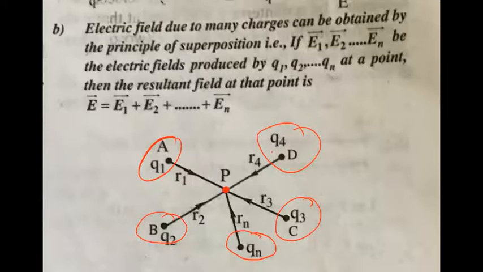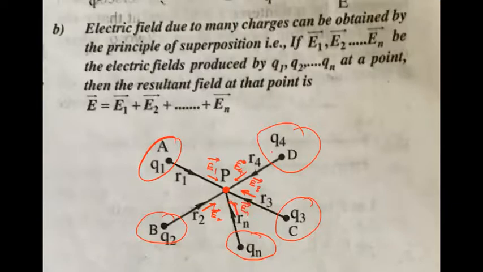Therefore, as they are developing n fields, what is the direction of each field? That means Q1 will produce a field E1 bar, Q2 will produce a field E2 bar, and then E3 bar, E4 bar, En bar.